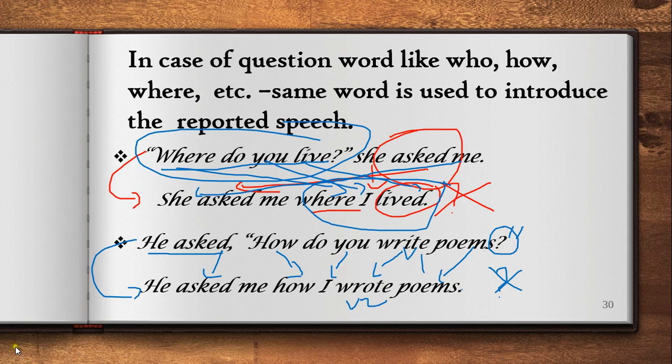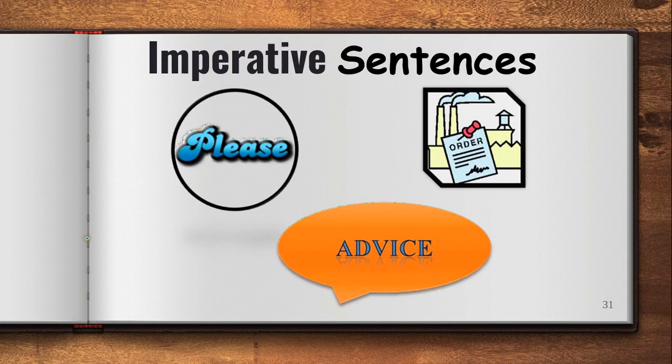All right then. Next. The new one. Let's take a look at imperative sentence. Do you know what is imperative, guys? Like a command, you ask someone to do something. For imperative sentence there is also direct and indirect speech.